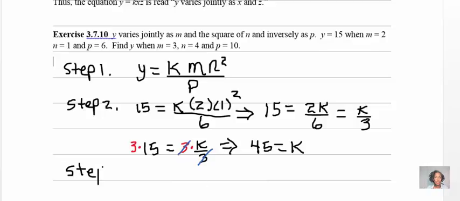So in step 3, I'm going to rewrite my equation from step 1 as y equals 45 m n squared divided by p.